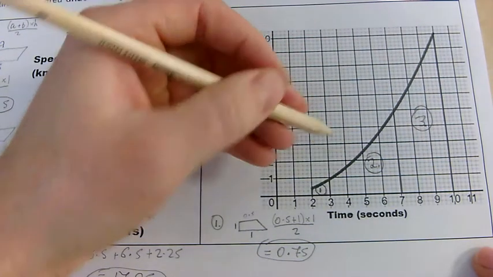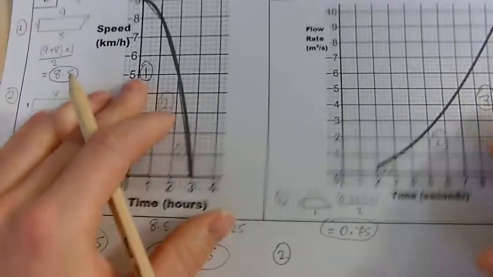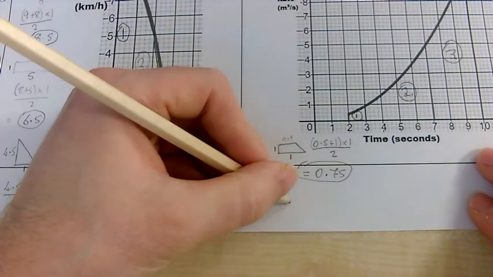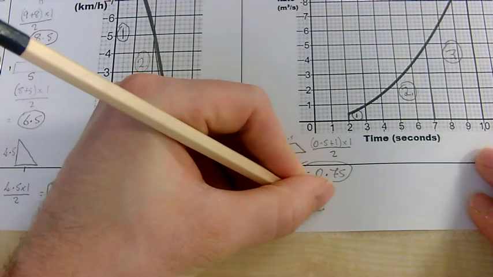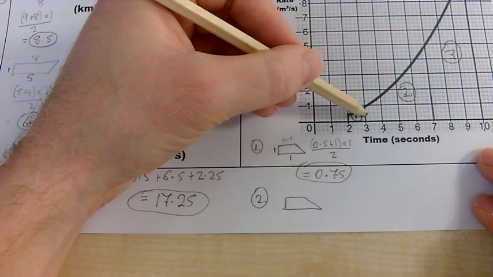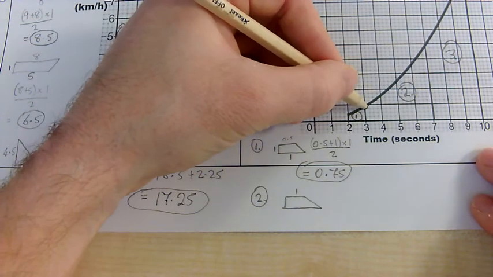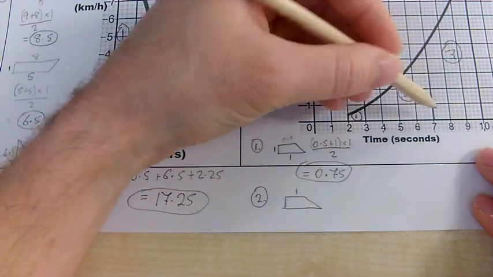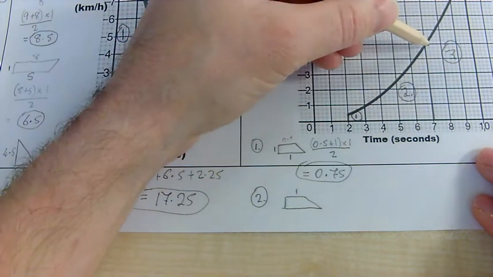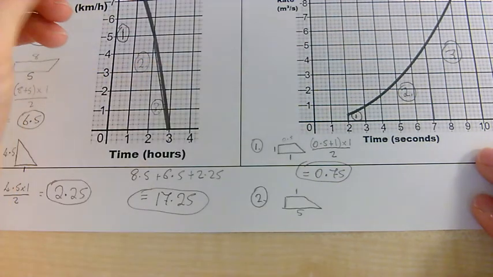My second shape looks like this. So if we turn it on its side, the shorter parallel length is here, so that's a 1, and the longer parallel length is here. It's gone from 0 up to 5, so that's a 5.